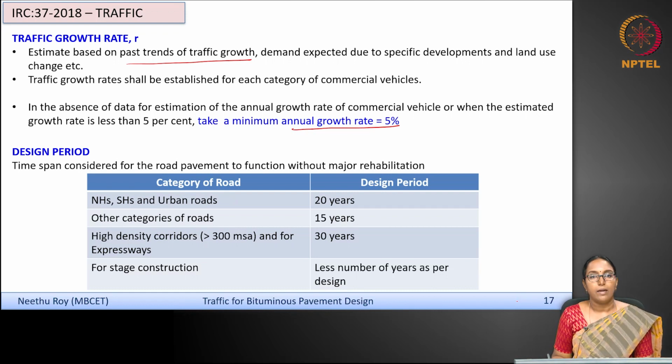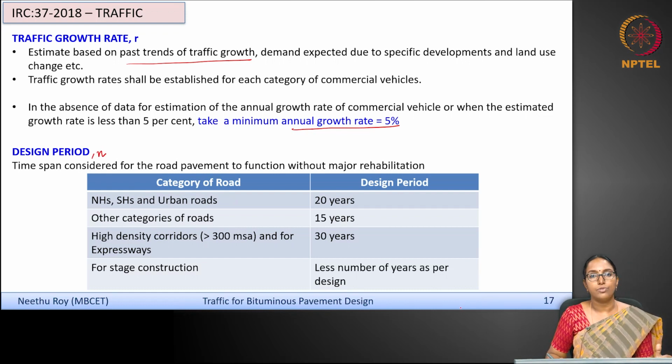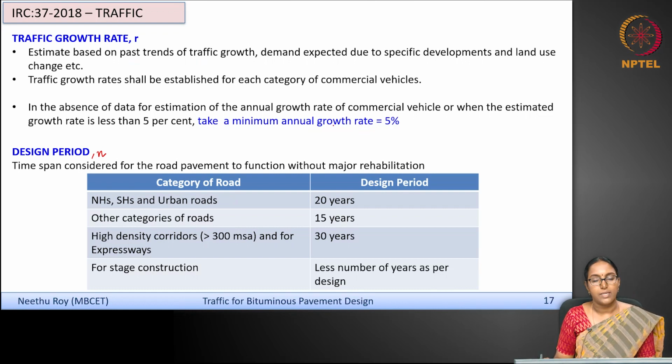Okay. And regarding the design period N, IRC 37 says that you can choose the number of years for which the road is designed based on the class of the road as well as the way in which the construction is planned. So essentially, if the category of the road is national highways, state highways or urban roads, you can choose a design period of say 20 years.